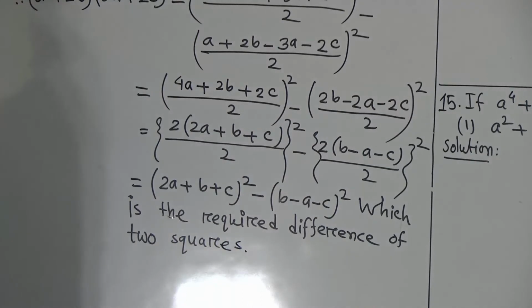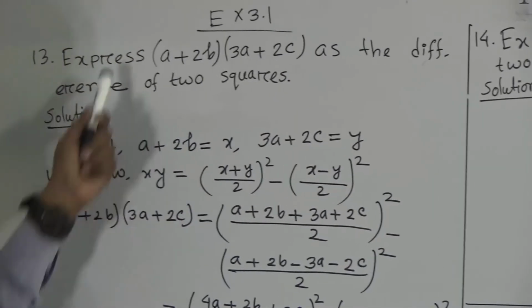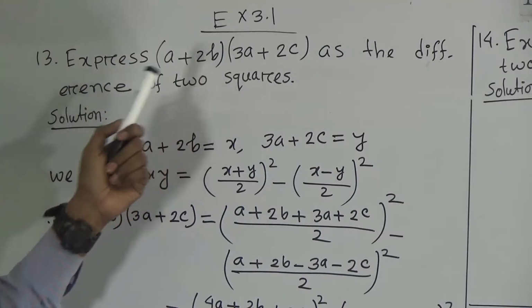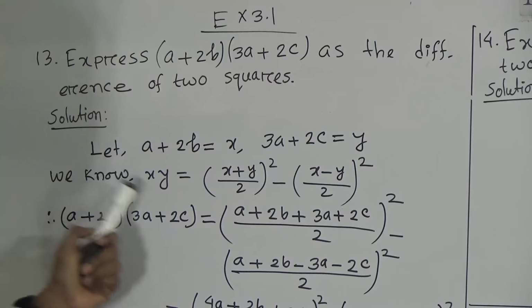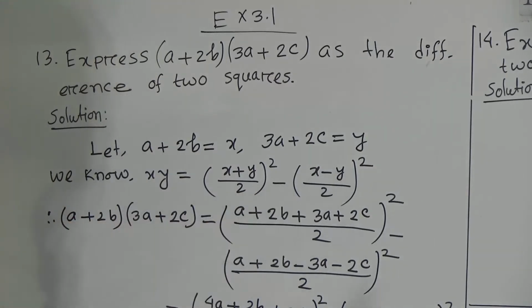Student, notice here, you see the question, a plus 2b into 3a plus 2c. This is in multiplication form, or product form. So I have solved using the ab formula. We know ab equals a plus b by 2 whole square minus a minus b by 2 whole square.